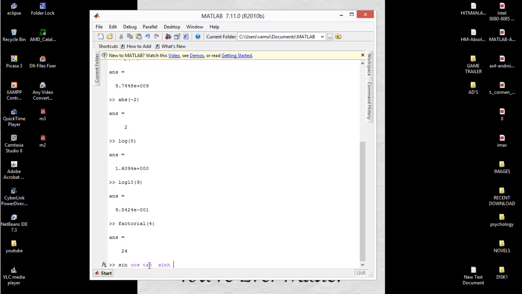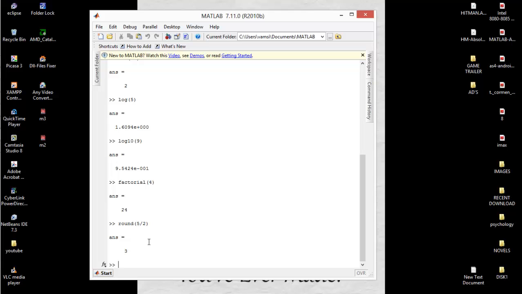And then there are some important functions which you should know. This is round. It rounds to the nearest integer. Suppose you are doing 5 by 2, then it gives 3, because 3 is nearer to 5 by 2 than 2. I hope you got it.